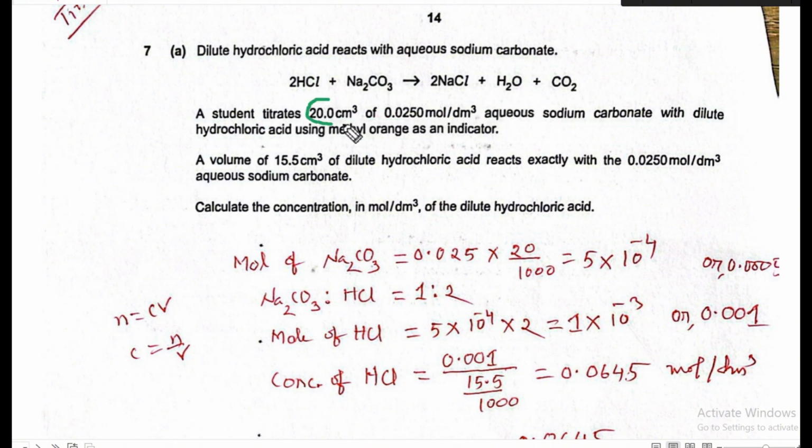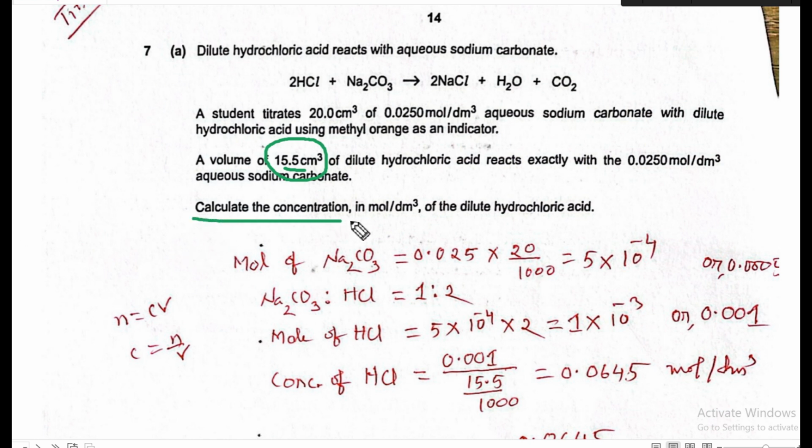Sodium carbonate volume is given and concentration is given. A volume of 15.5 centimeter cube of dilute hydrochloric acid reacts exactly with 0.02 mole per dm cube aqueous sodium carbonate. Hydrochloric acid volume is given, 15.5 centimeter cube.